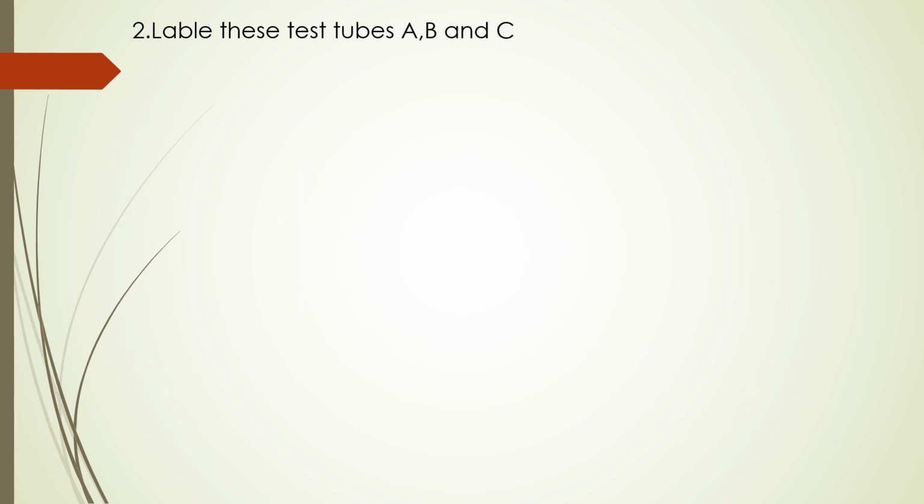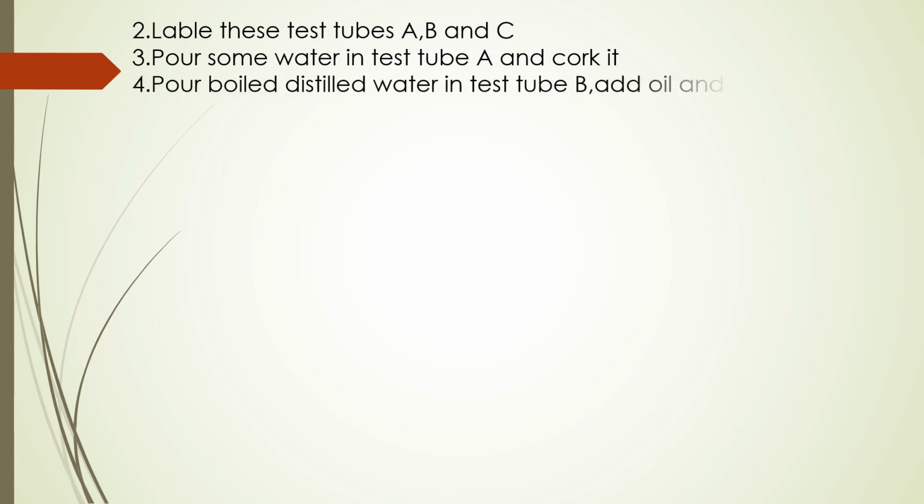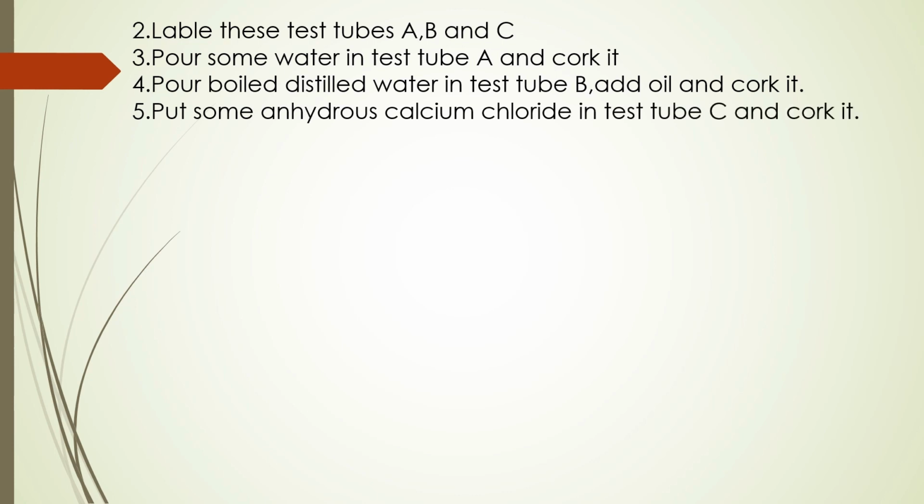Next point, pour some water in test tube A and cork it. Next point, pour boiled distilled water in test tube B, add oil and cork it. Next point, put some anhydrous calcium chloride in test tube C and cork it.